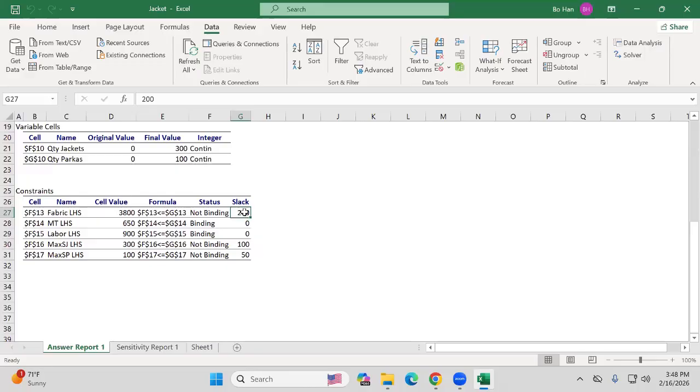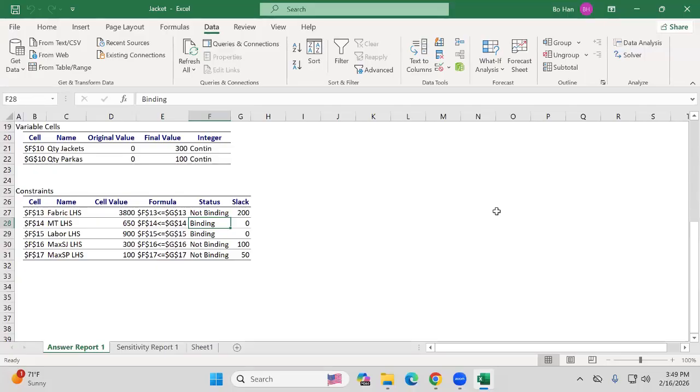Okay, so not binding, right? The constraint below, machine time constraint. What is the status? Binding. Binding means you have exhausted all available resources for that constraint. If you have used all the resources, how many resources do you still have?